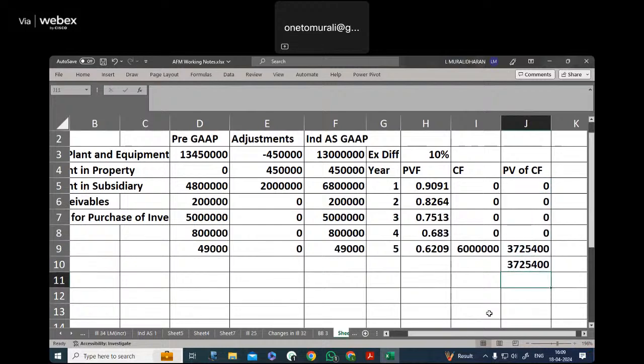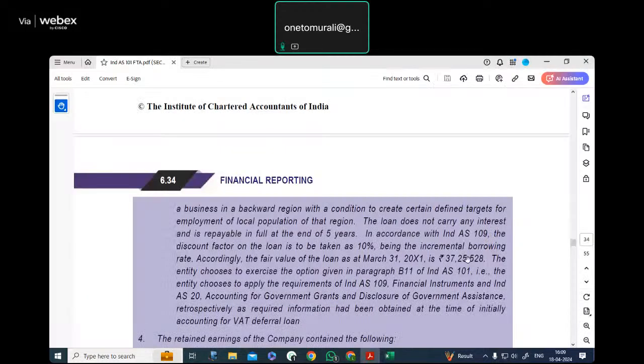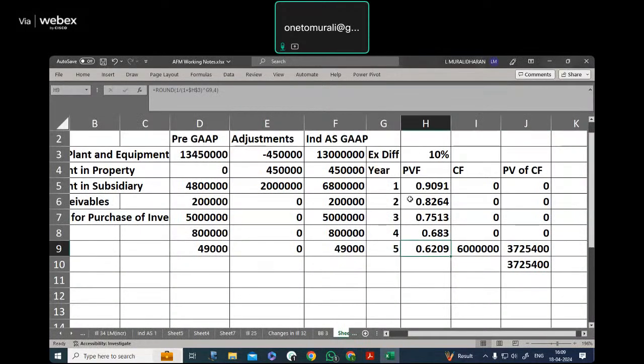So it is 37,25,400. That is what they mentioned here, 37,25,528. Since I have restricted this to 4 decimals, imagine that I have not done this, with no rounding off and all that.